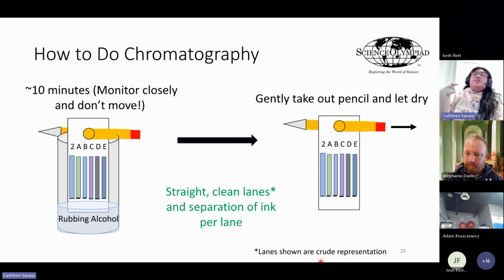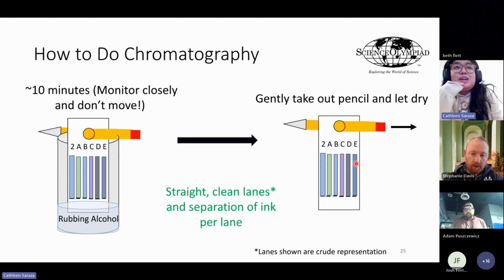Okay. So in this case, B would be the correct answer because it's closer in shade to ink sample 2. E is close, but that's how close some of these ink samples can be in terms of shade. So that's why it's really important when you practice chromatography with your students.